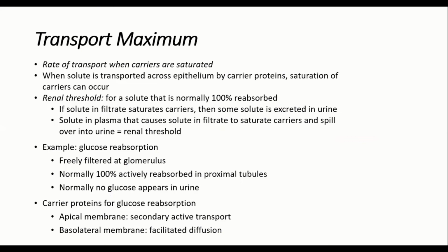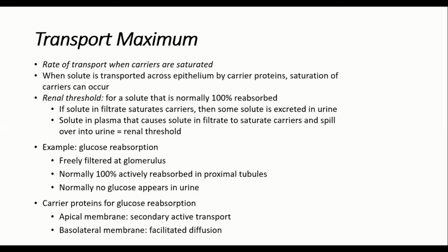Proteins that go all the way across the cellular membrane and can carry them across. Now, we only have a certain number of these proteins. We can express more of them, we can make more of them sometimes, but there's going to be a certain number that we can fit on that basal membrane. And this means that at a certain point, they're going to get fully saturated. We're going to be reabsorbing as much of whatever solute it is that we can, because we're going to fill up those proteins. They're working as fast as they can.